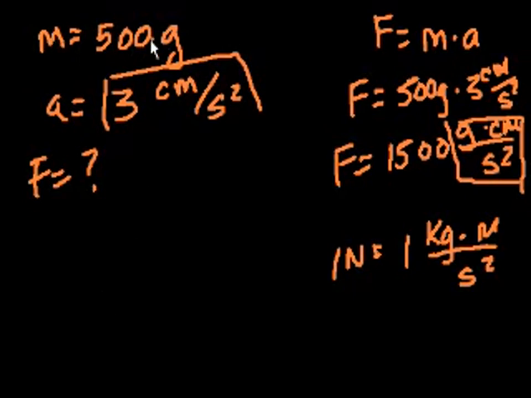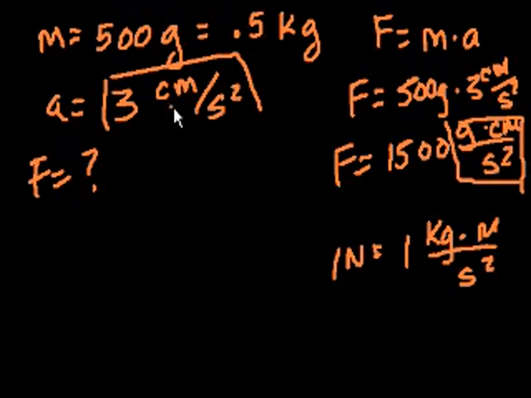So what's 500 grams in kilograms? Well, a kilogram is 1,000 grams, right? So 500 grams is half a kilogram, 0.5 kilograms.